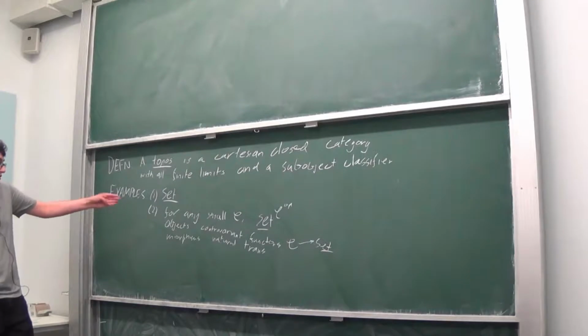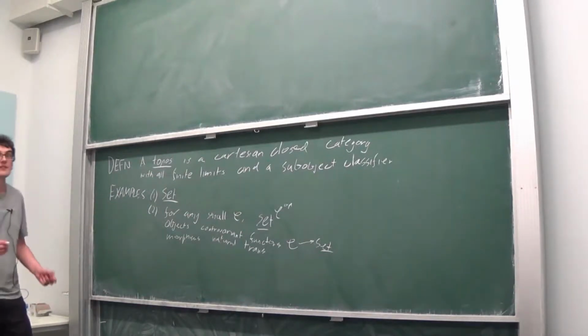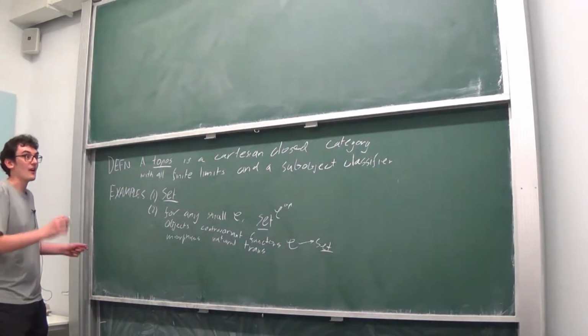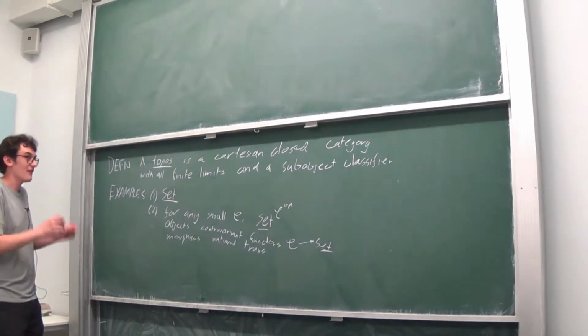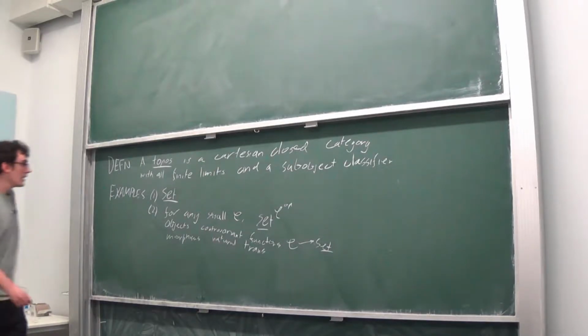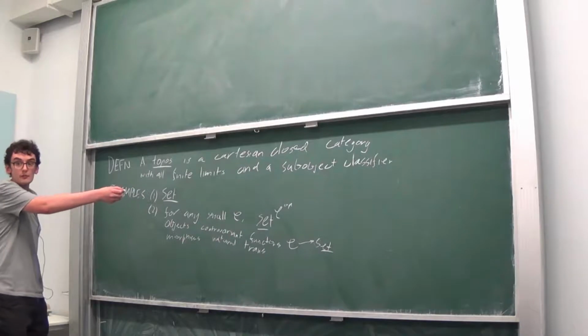For those who haven't seen the word contravariant, what it basically means is a functor, if you remember, sends an arrow that goes from x to y to an arrow in the second category that goes from fx to fy. Well, a contravariant functor reverses the direction of the arrow instead. So it would go from fy to fx. Cool. This category, by the way, is often called the category of presheaves.